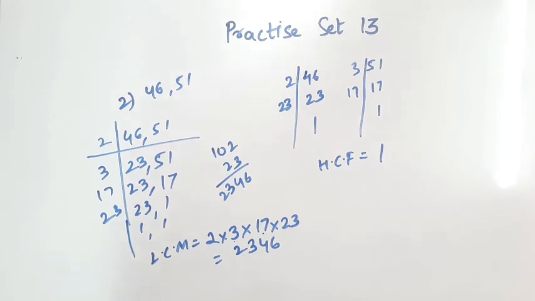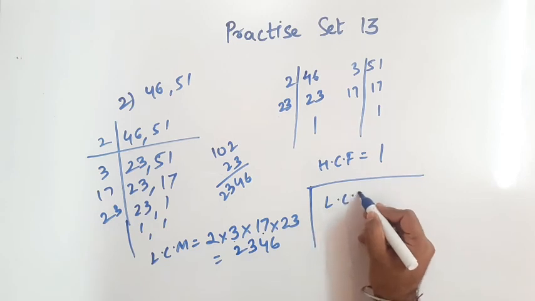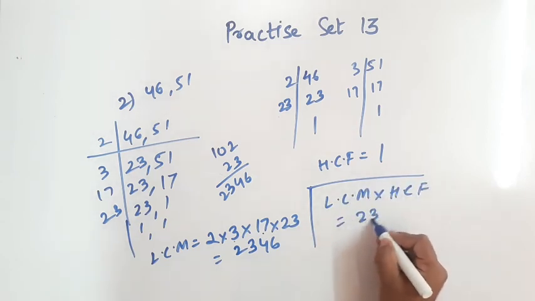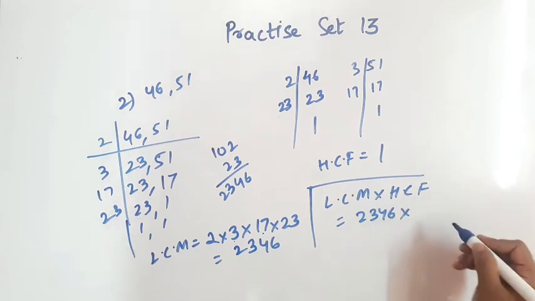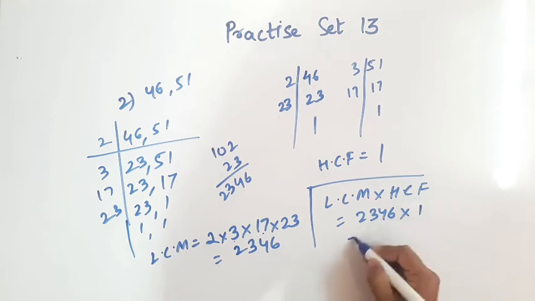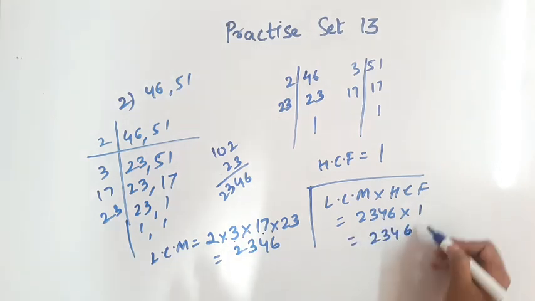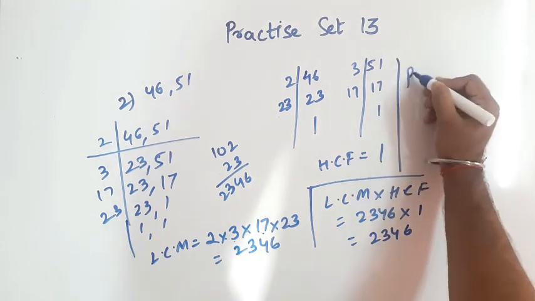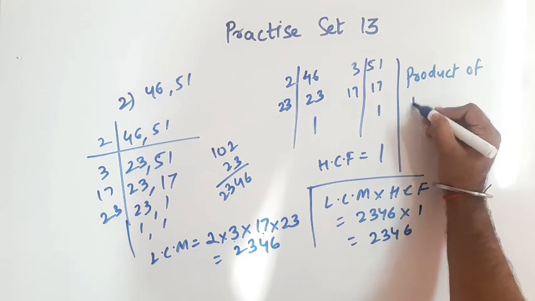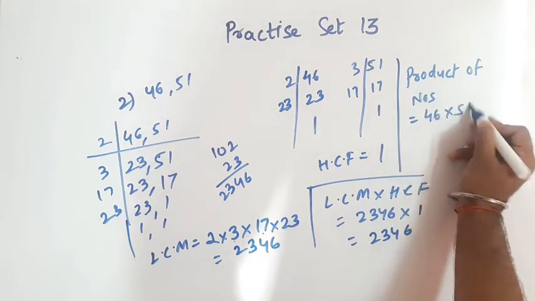Okay. Now very simple. I'll do LCM into HCF. That is equal to 2346 into 1, which is 2346, and the product of the numbers 46 into 51.